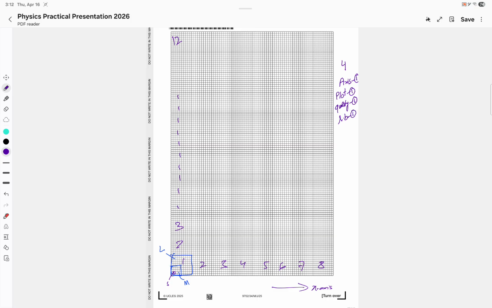This is the distribution of these 4 marks. Sometimes they give you the axis, the plot and the line of best fit directly, and they ignore the quality mark. Sometimes it happens.